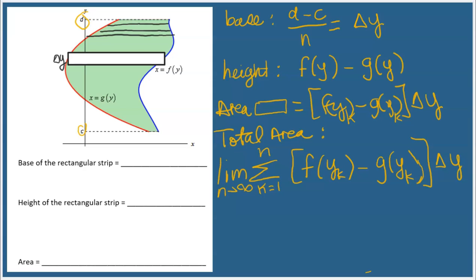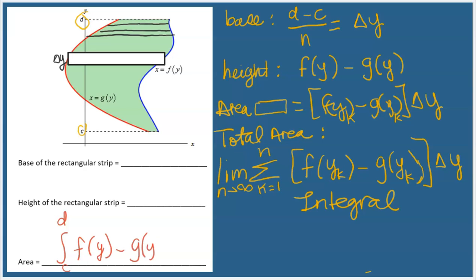Okay, so what does that define? The limit of a Riemann sum defines, again, an integral, right? So in this case, it would be the integral from c to d of f of y minus g of y, with respect to dy.